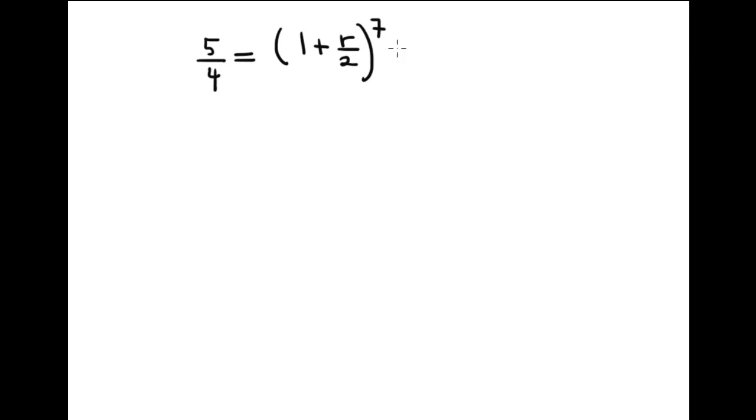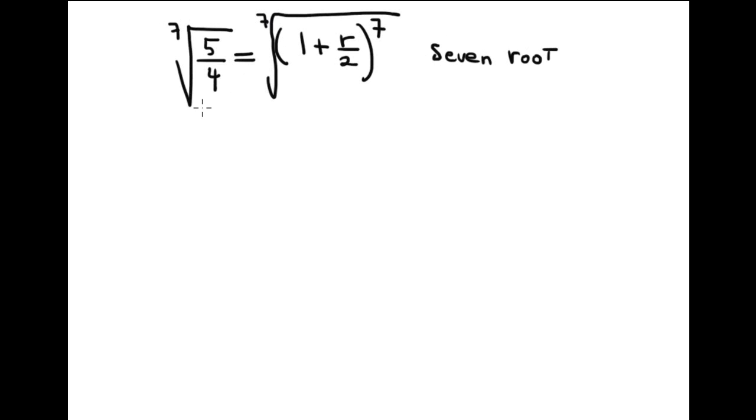Okay, for solving this equation, you take the 7th root of both sides. So we have the 7th root of 5 over 4 is equal to 1 plus R over 2.